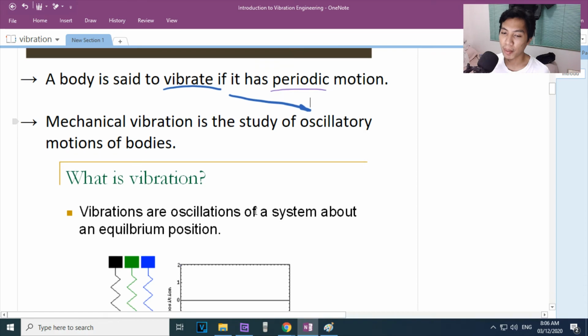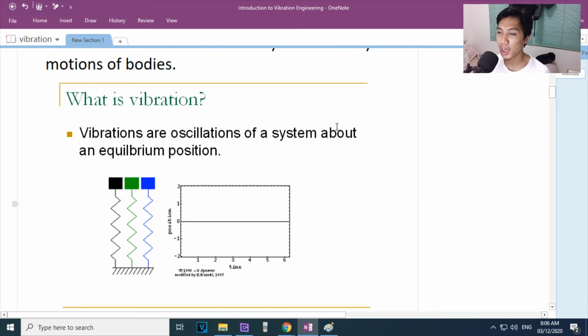Now here it says vibrations are oscillations of a system about an equilibrium position. You have to determine what your equilibrium position is. The equilibrium position is where all the motion starts, and at a certain distance, a body will tend to move periodically.